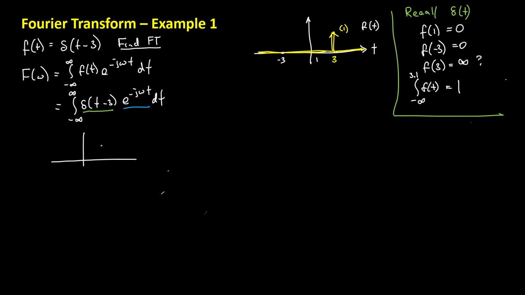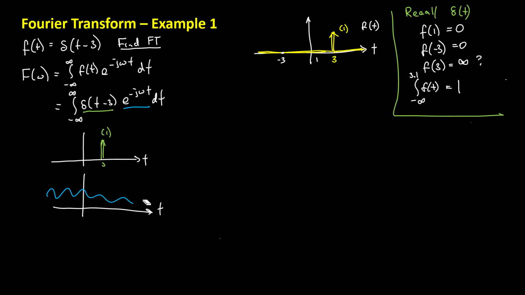If we graph the first part in green, we have this. If we graph the second part in blue, oh boy, that's going to be complicated to graph because this is a complex exponential, so it'll have a real part. That real part by Euler's law will look like a cosine. It'll have an imaginary part, which by Euler's law will look like a sine. And how do I graph a real and an imaginary part? I don't know.